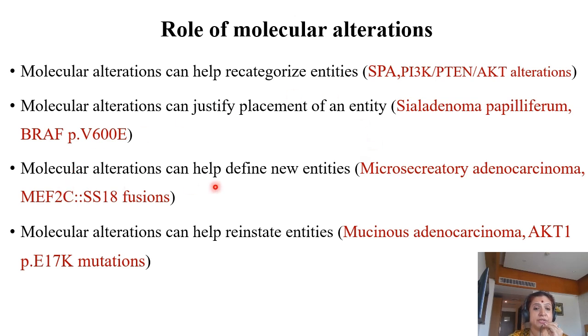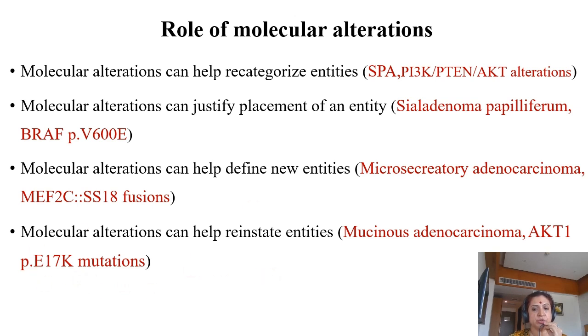Now, molecular alterations have helped us to define new entities. For example, the new carcinoma that we have incorporated in the WHO 5th edition, the microsecretory adenocarcinoma, is seen to be associated with the MEF2C::SS18 fusion. Also, molecular alterations can help reinstate entities. So the primary mucinous adenocarcinoma of the salivary gland has the AKT1 E17K mutation.